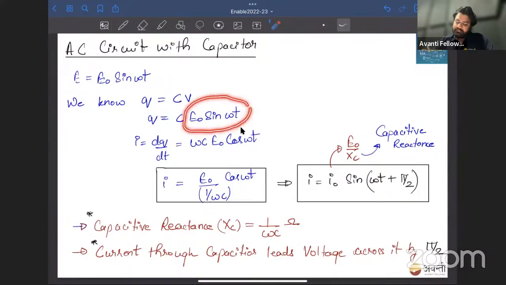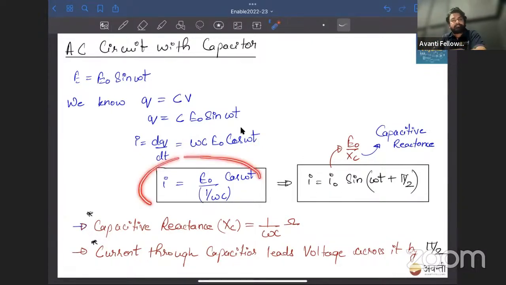Then to find current, I want how much charge traveled per unit time, or dQ by dt. So I'll differentiate this equation: C remains C, E naught remains E naught, the differentiation of sin is cos omega t, and the differentiation of omega t is omega. So from here we get this equation of current, बच्चों: E naught by something into cos omega t.